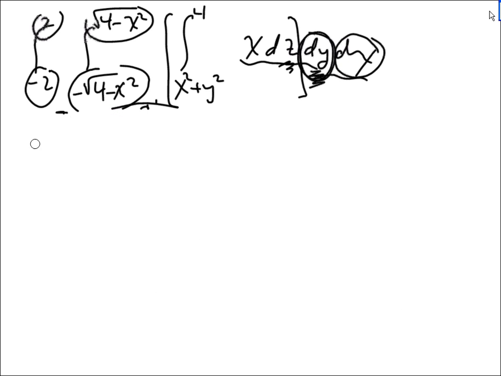Now we want to go to spherical. Spherical is when we use rho, phi, and theta.